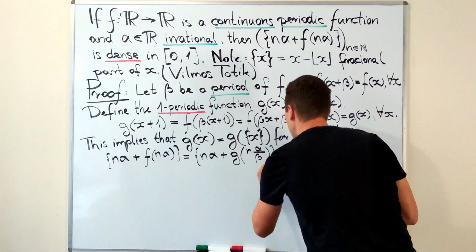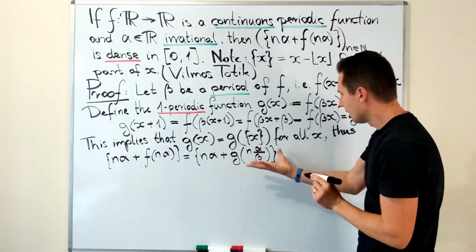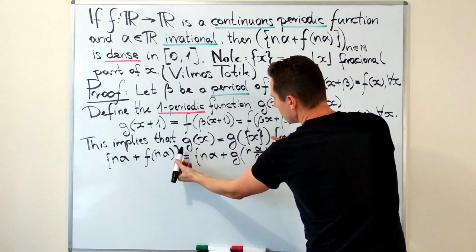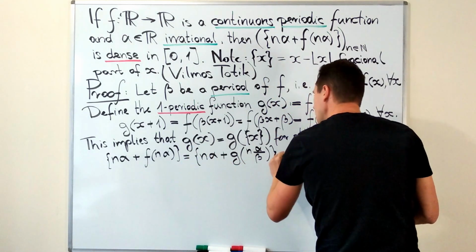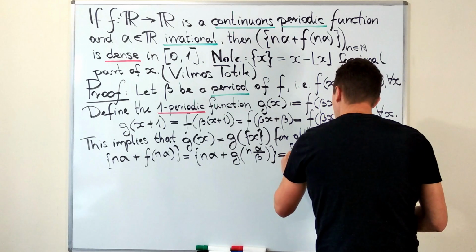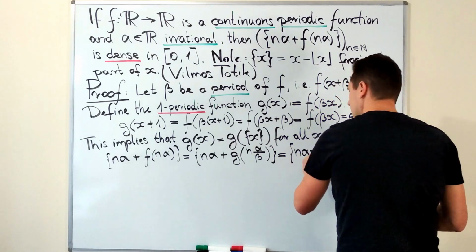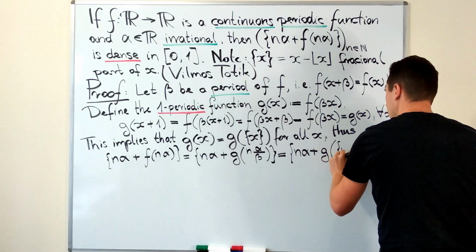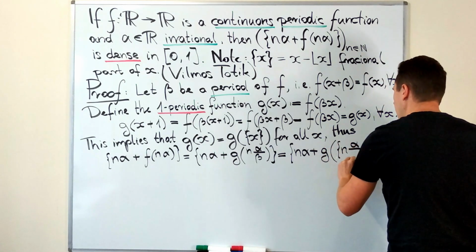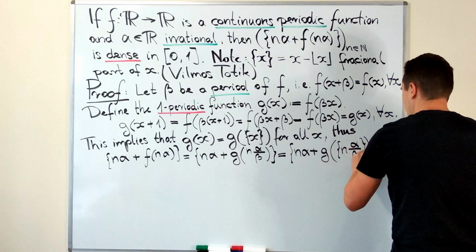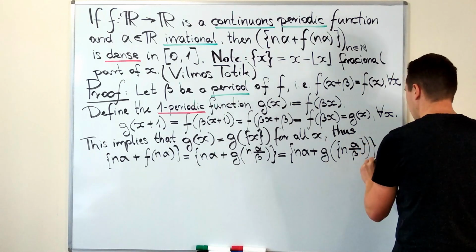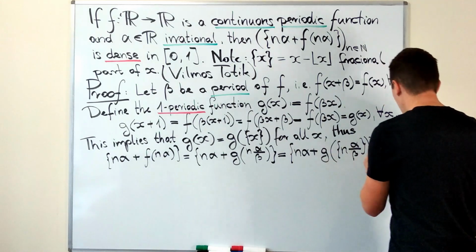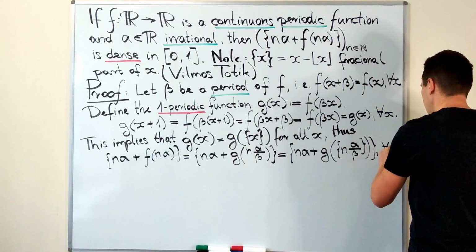So take the fractional part of that, and now we can apply 1 periodicity, and in particular this property of g, to get n times alpha plus g of the fractional part of n times alpha over beta, and take the fractional part of that. So this is going to hold true for all natural numbers n.